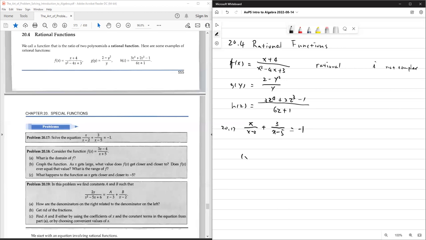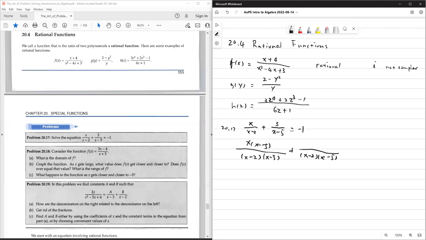This is x minus 2 multiplied by x minus 5, plus x minus 2, x minus 5.